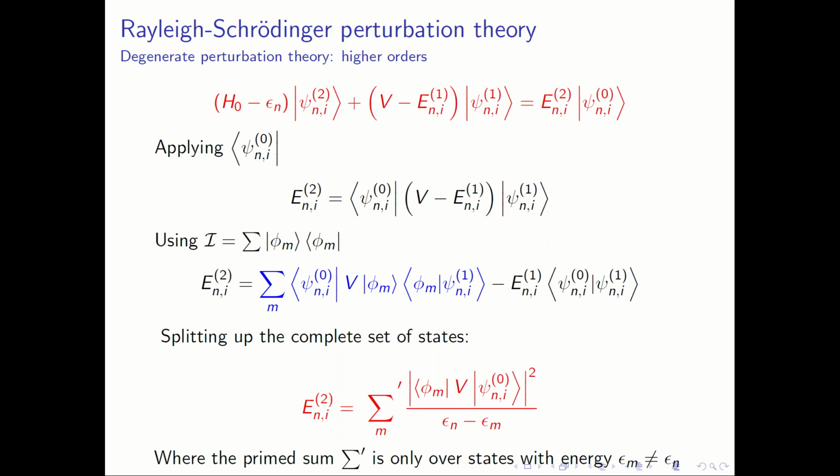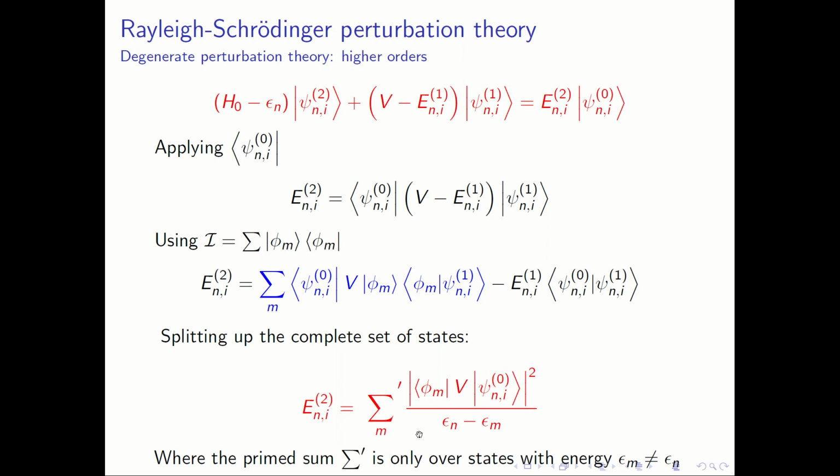And what is important is the sum here is a primed sum. It runs only over those states which had a different energy initially, before the perturbation, from epsilon n. So the degenerate eigenspace is not being summed over, which is great, of course, because otherwise you would have had a problem with the division by 0 here.